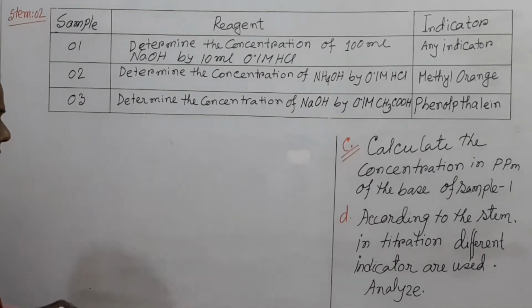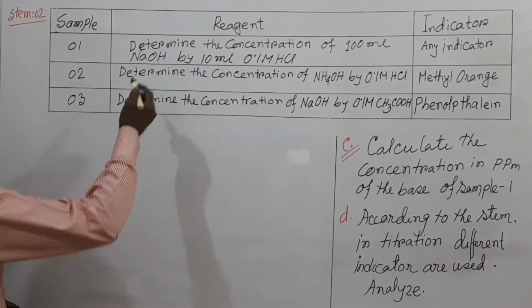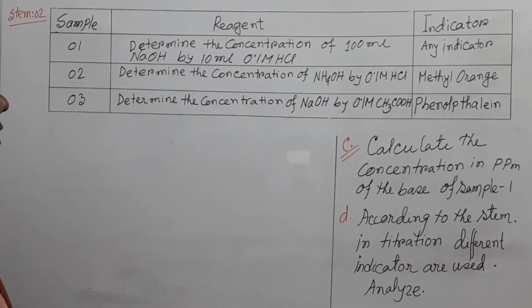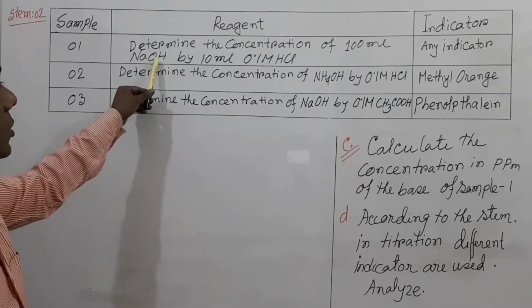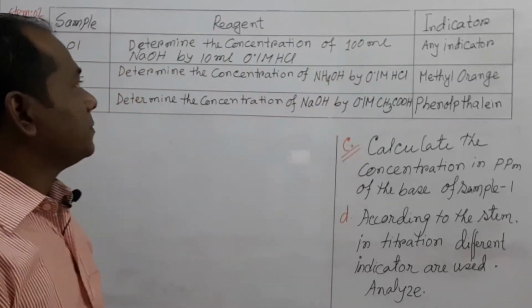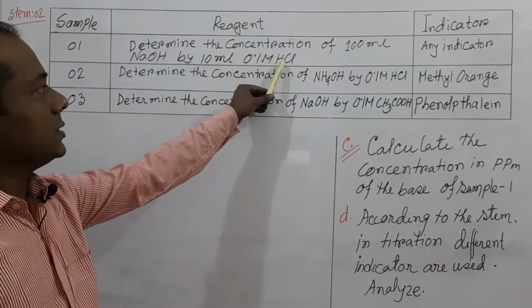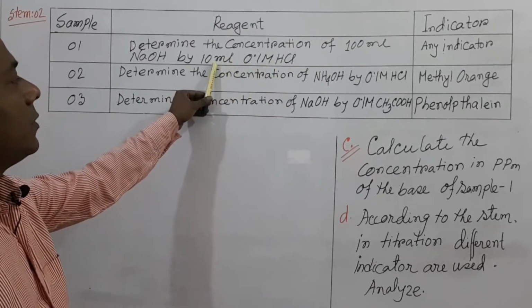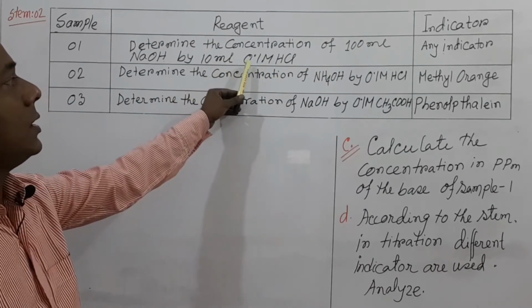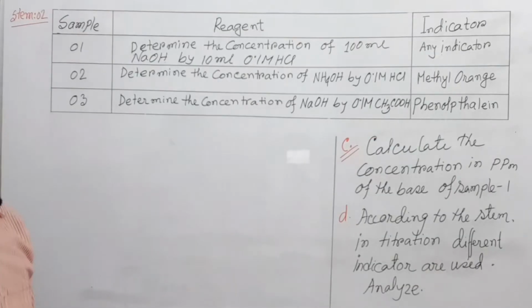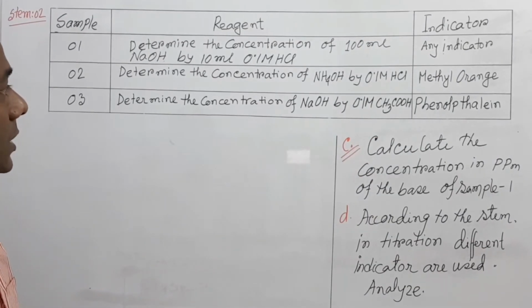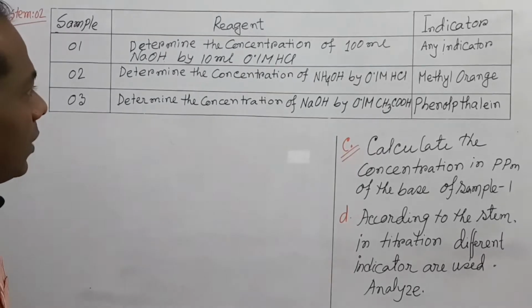So here the base is sodium hydroxide, and the given volume of sodium hydroxide is 100 ml, and acid is hydrochloric acid, and given volume of hydrochloric acid is 10 ml, and given concentration of hydrochloric acid is 0.1 molar.